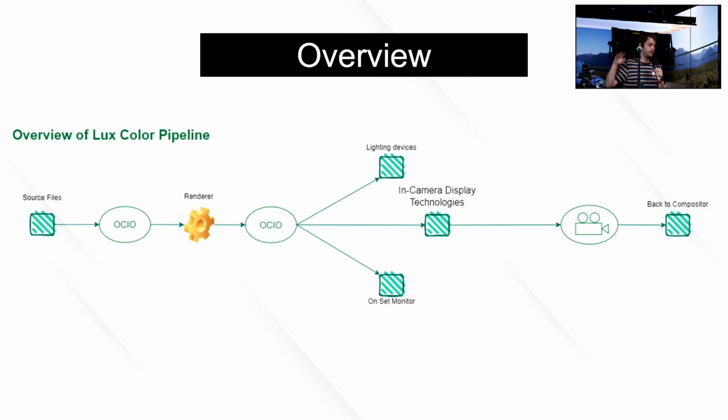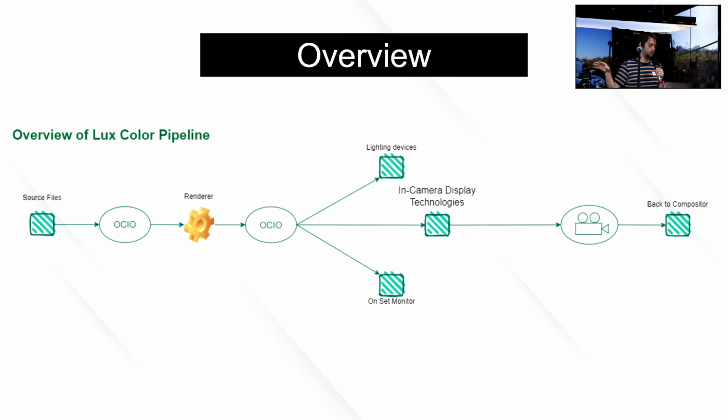There's OCIO that manages leveraging display technology, so going into monitors, going into LEDs, going into lights, which is not necessarily the desired workflow from OCIO to drive lighting fixtures, but we've been leveraging it to do so. And then we've also got cameras that we have to interact with, and then also compositing for things like AR graphics or simulcam and those types of workflows.